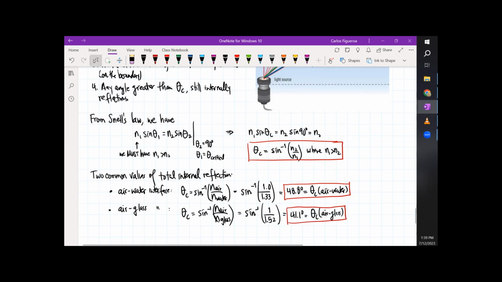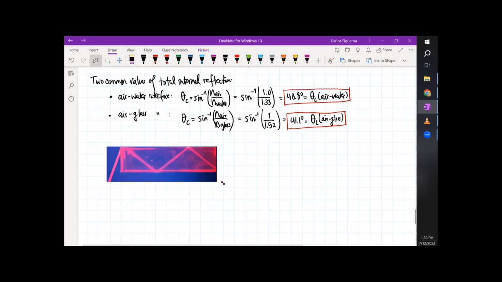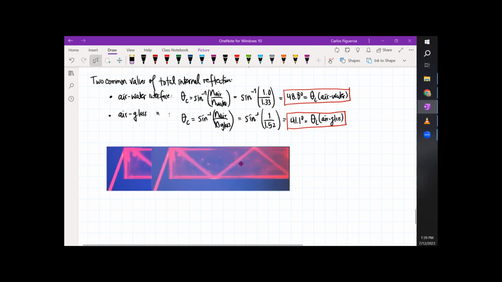So let me just show you a couple of images here. If I look at this image, here's a total internal reflection. So what you're seeing here is a ray that's doing what here? Let's see, is this going to show up well?